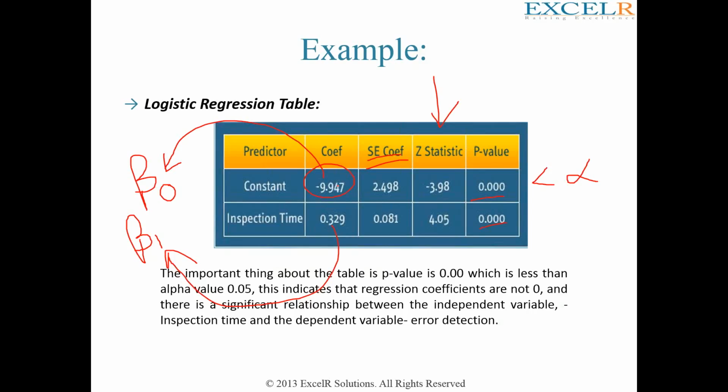And it says that there is a significant relationship between your y and your x. Your p-value says so. And you know that the alpha value is generally 0.05.